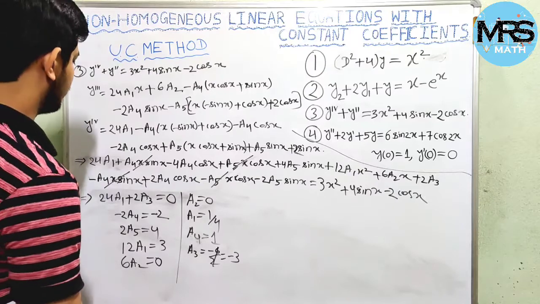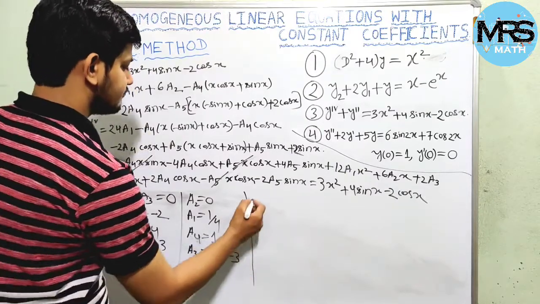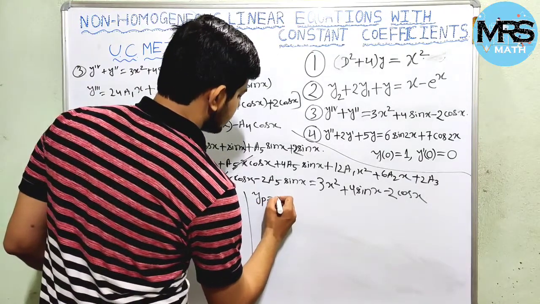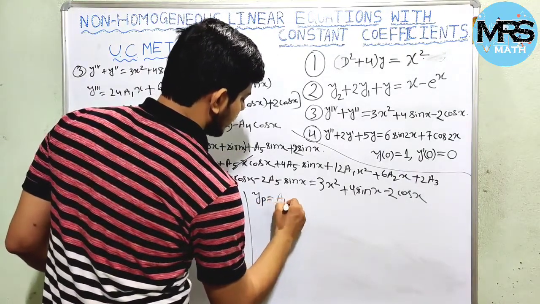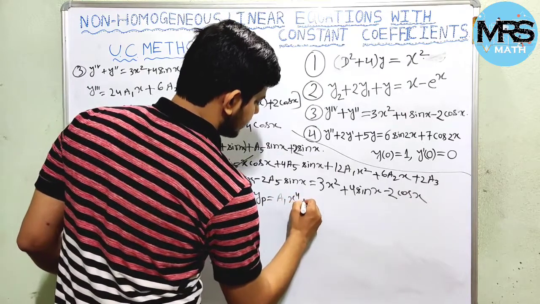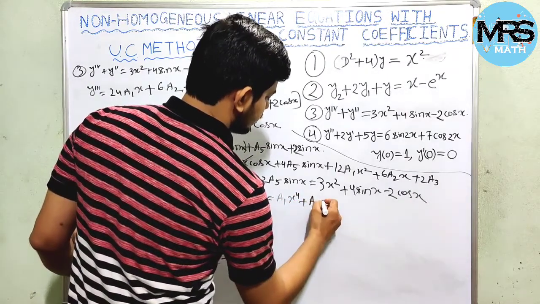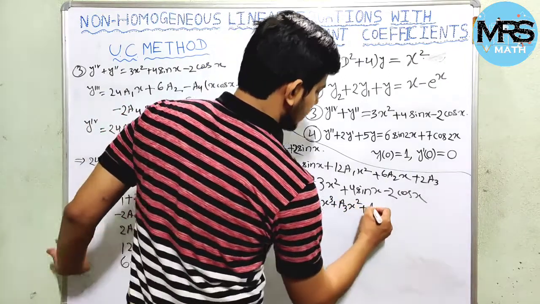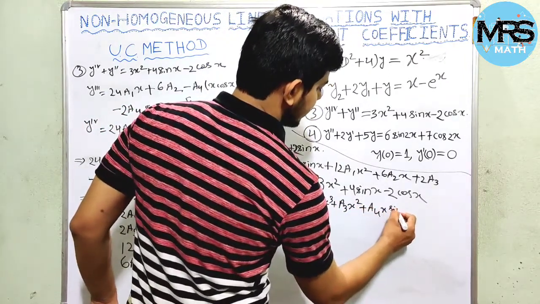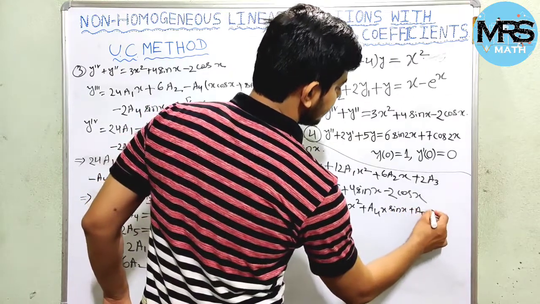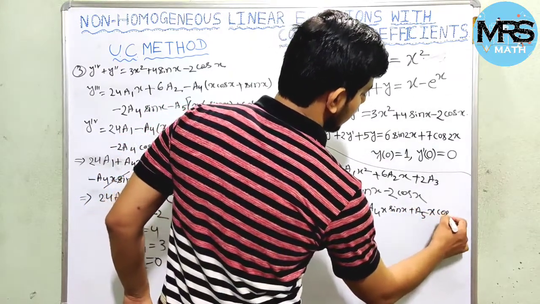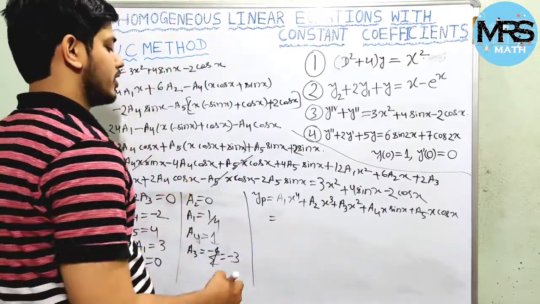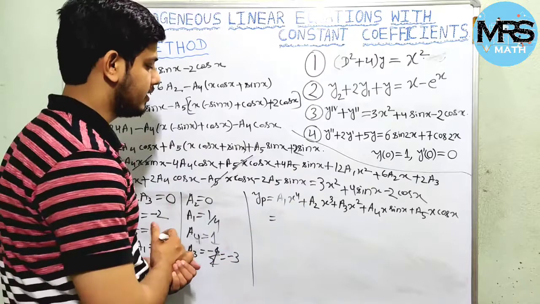Now we can put this into our original yp. Our original yp was a1 x4 plus a2 x cube plus a3 x square plus a4 x sin x plus a5 x cos x. Now we put all these values to get the particular integral.